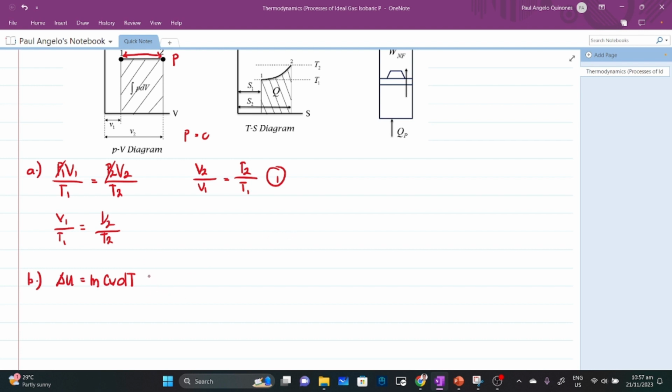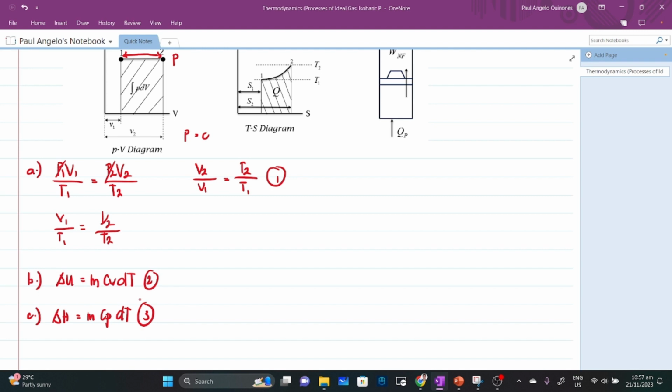This is your equation number 2. Next, the change in enthalpy. As we said a while ago in the isometric process, enthalpy is mCp dT. So that is equation number 3.